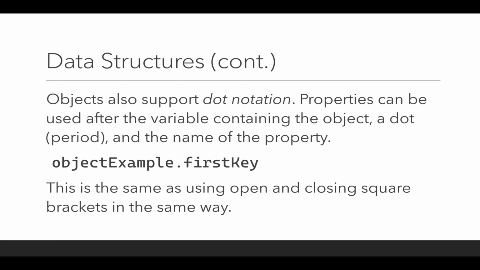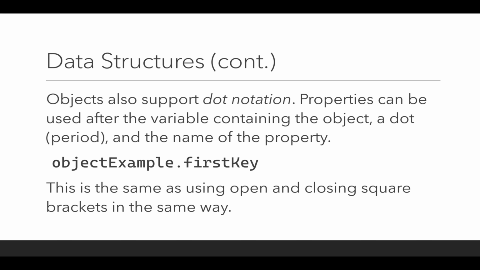Objects also support something called dot notation. Properties can be used after the variable containing the object, a dot, a period, and then the name of that property. So objects support open and closing square brackets, as was covered in the previous slide. But they also support and are more commonly used using dot notation.